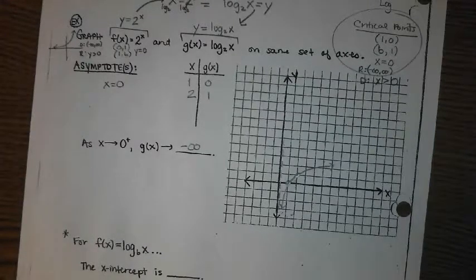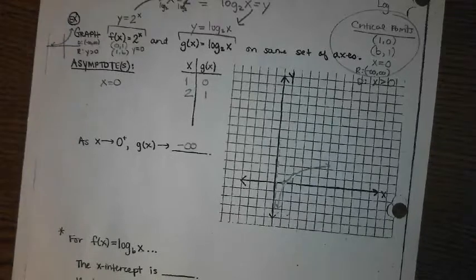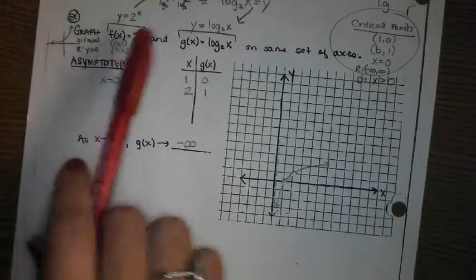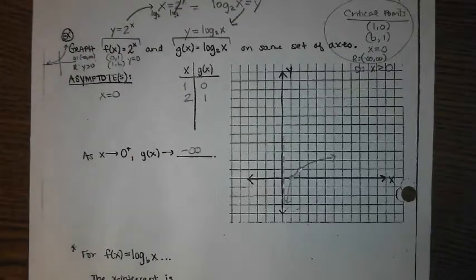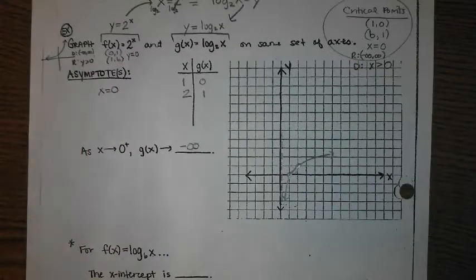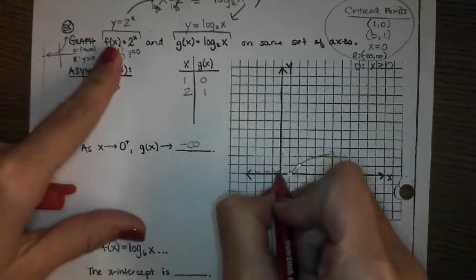So really quickly, I'll do it with a different color. I initially was going to have you, and you can choose to do this or just to watch, graph both of the f of x and the g of x on the same function. So for my exponential function, my asymptote is instead here.